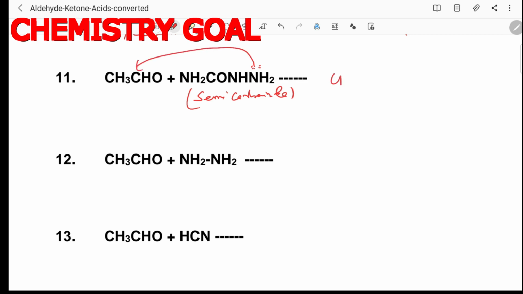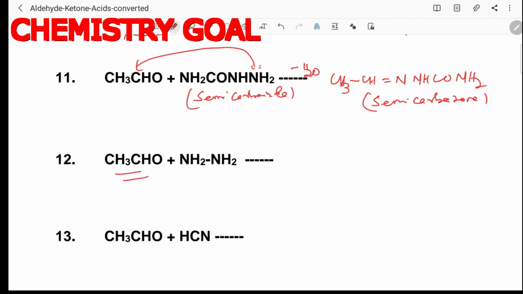The product is CH3CH double bond N, this part loses a water molecule, then NHCONH2, the other part remaining the same. Semicarbazide produces semicarbazone. The product is semicarbazone, with loss of a water molecule and formation of the double bond.